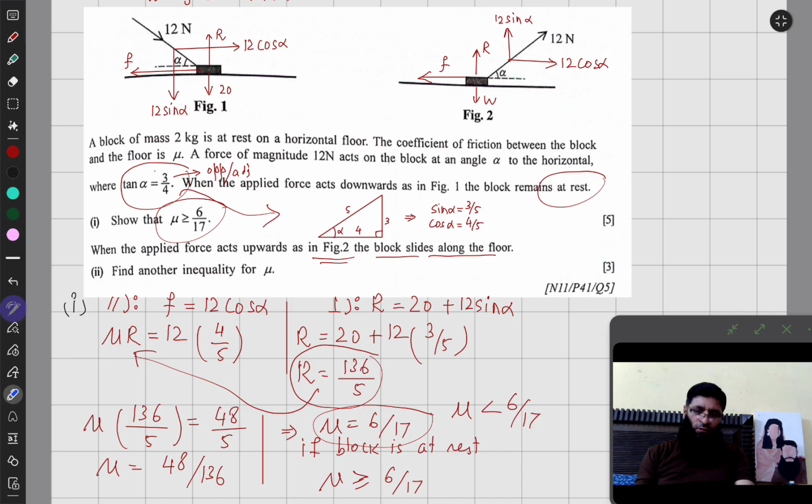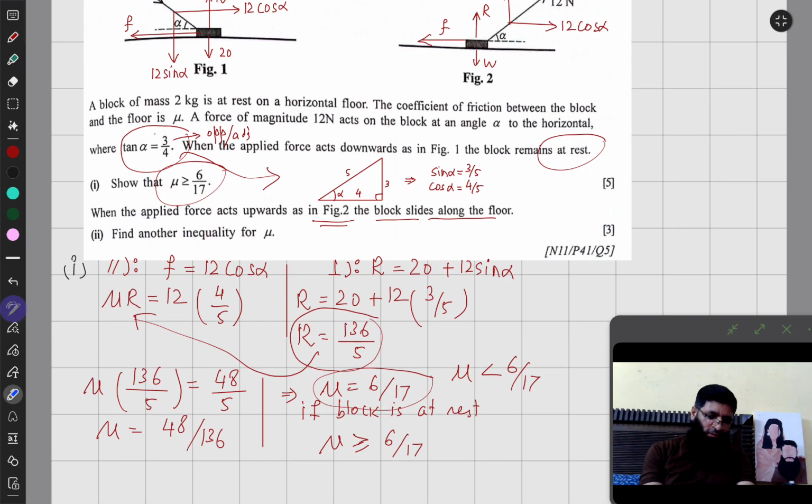In case of vertical forces, this force 12 sine alpha is now upward. So there is a slight change in the equation for vertical components. We will modify this. I'm going to erase this one.